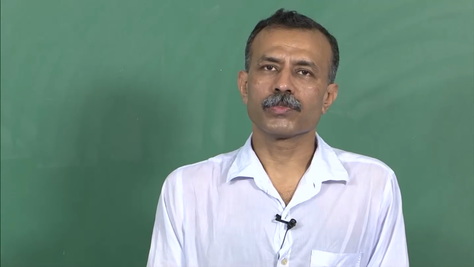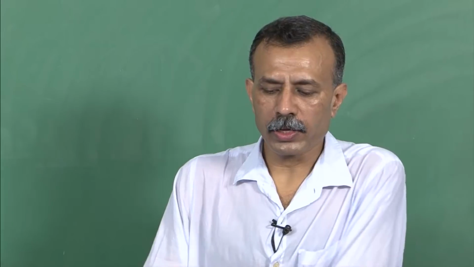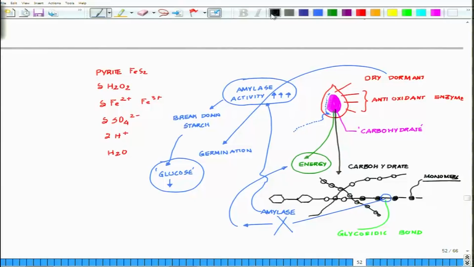If we could ensure the amylase activity is initiated, we could hasten this process and make germination happen. Now, what is the role of these antioxidant enzymes? The antioxidant enzymes prevent the amylase activity, by stopping the amylase from acting.